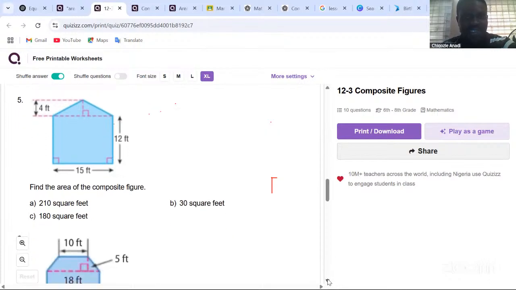Okay, look at this question now. Question 5. It says, find the area of this composite figure. Looking at this figure, how many plane shapes can you find in this particular figure? 2.